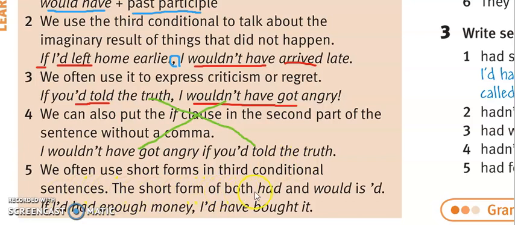The short form of both had and would is 'd. Usually we use the abbreviation of had and the abbreviation of would, and we write 'd. If I had enough money, I would have bought it. If I had enough money, I'd have bought it.